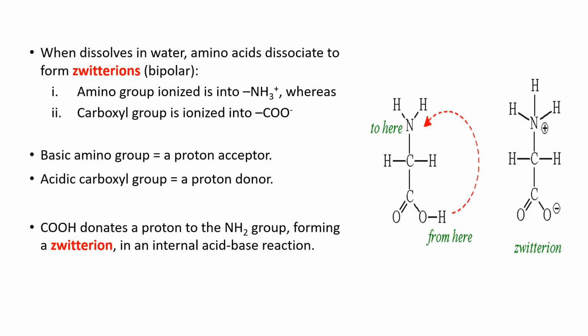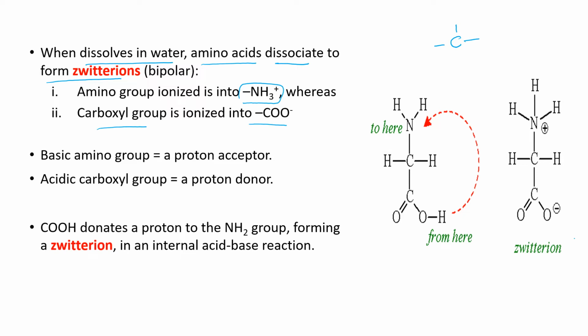So when an amino acid is dissolved in water, the amino acid dissociates to form a zwitterion, which is bipolar. We know the amino group is ionized to become NH3 plus. The carboxyl group is ionized to become COO negative. This is how you should draw the zwitterion.